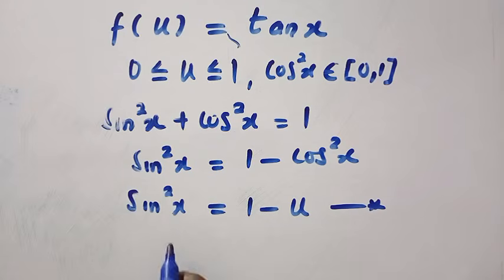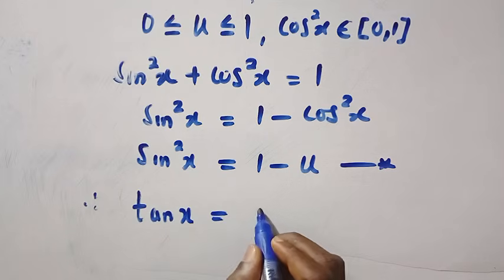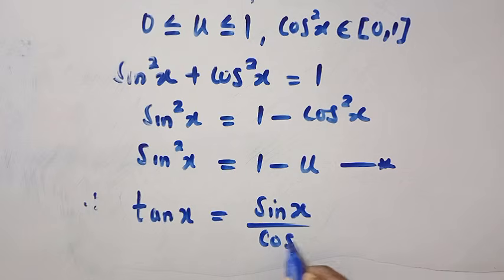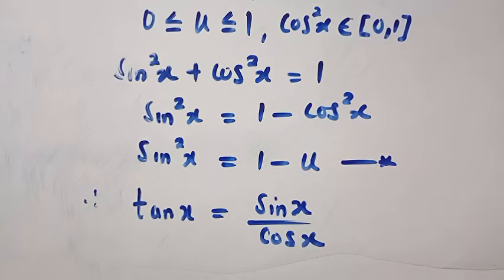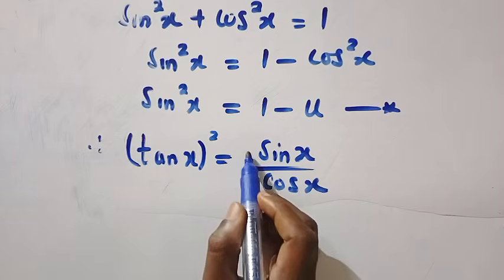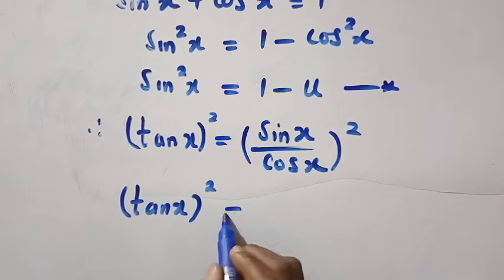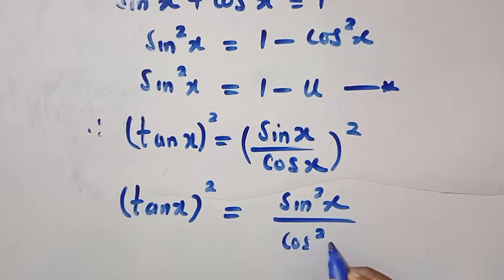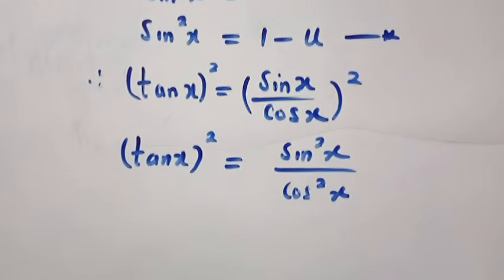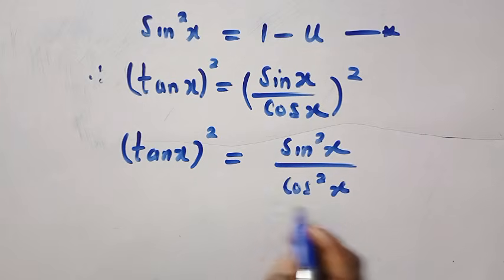In the third step, we want to express tan x in terms of u. To achieve that, we recall the identity tan x equals sine x divided by cos x. Here we have sine squared x but we only have sine x. Suppose I raise both sides to the power of 2, we have tan squared x equals sine squared x divided by cos squared x. Since we want to express tan x in terms of u, and sine squared x is 1 minus u, let's quickly replace this.